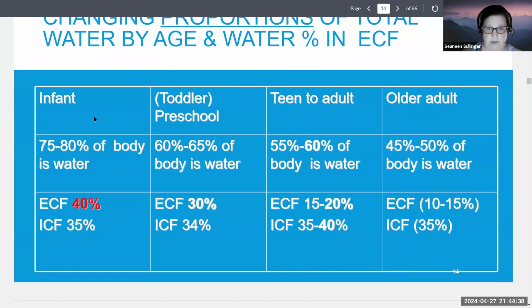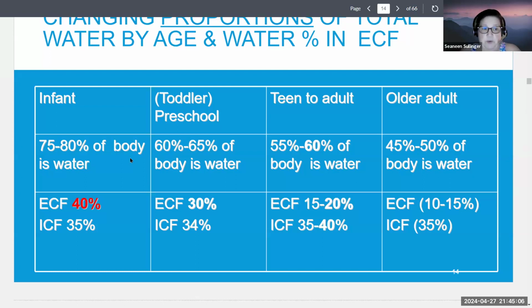If you compare an infant to an adult in terms of the percentage of the body that is water, an infant, 75 to 80% of their body is water. That's a lot of water. And then it decreases as we get older. You can see the different percentages here, so that by the time you're an adult, perhaps 50% of the body is water. But what does that mean if the percentage of water in the body is changing?